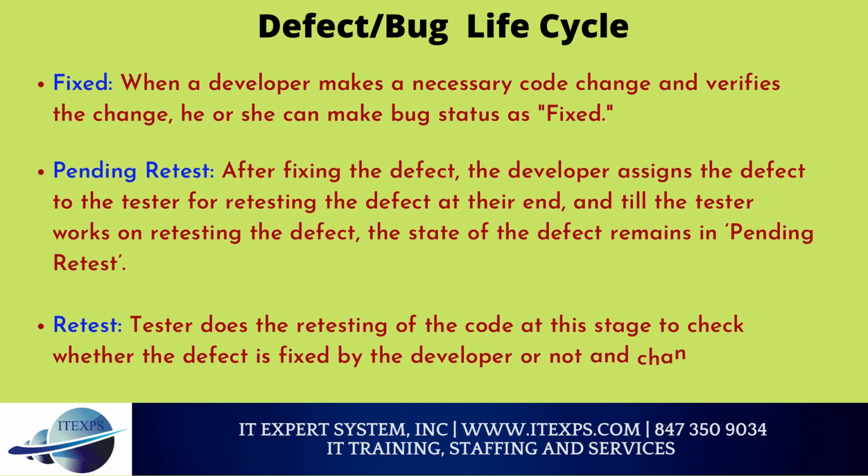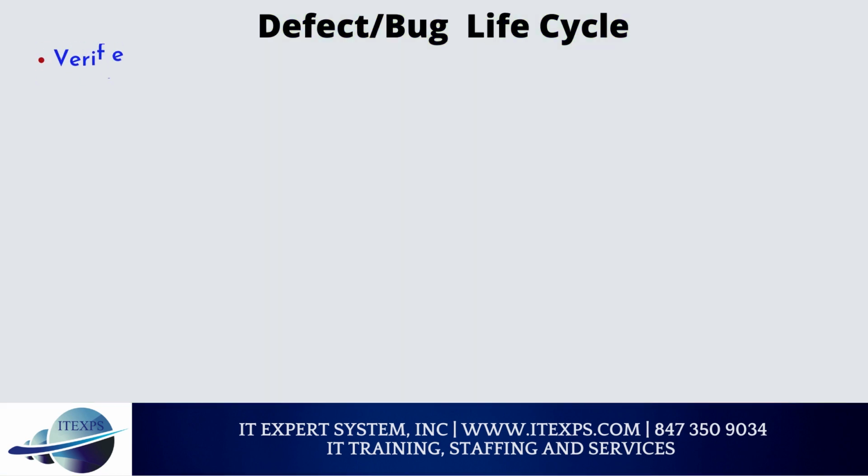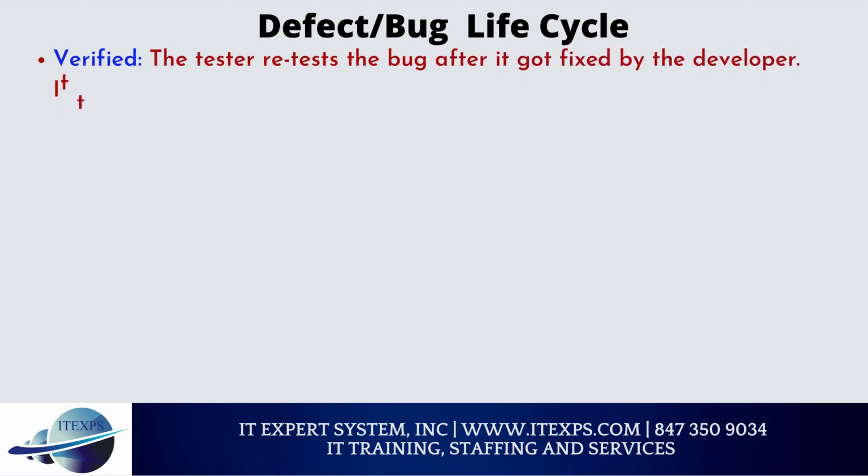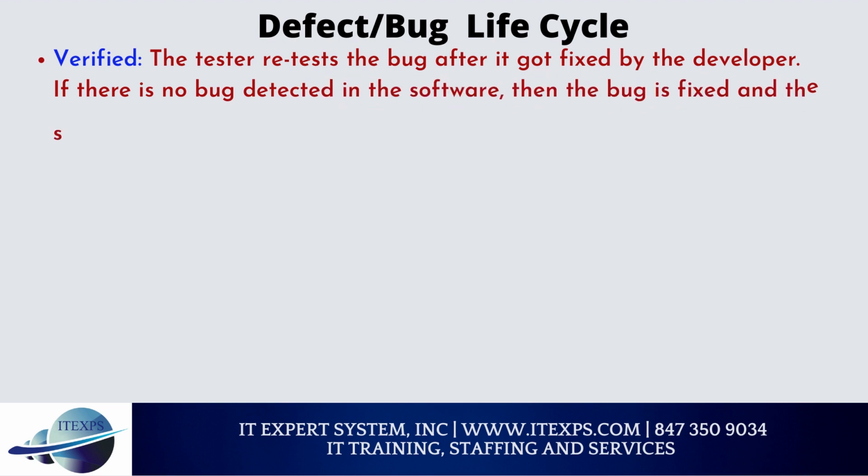Retest. The tester does the retesting of the code at this stage to check whether the defect is fixed by the developer or not and changes the status to retest. Verified. The tester retests the bug after it got fixed by the developer. If there is no bug detected in the software, then the bug is fixed, and the status assigned is verified.